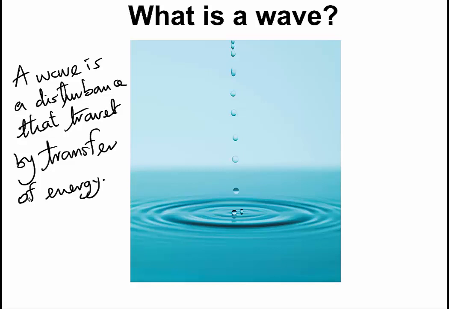A very simple demonstration of a wave is to drop a piece of stone in water. The disturbance generated will be transferred away from the point of disturbance, and this will lead to a wiggly wave, which is also known as transverse wave.